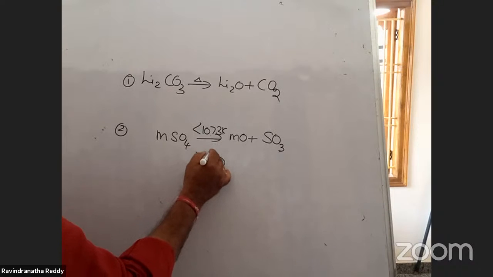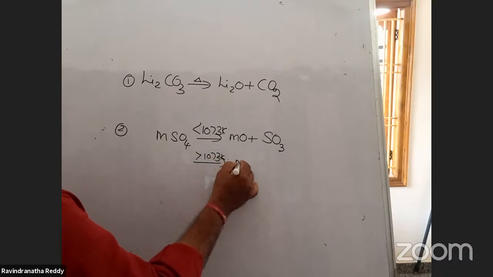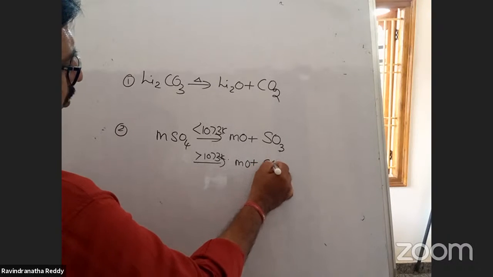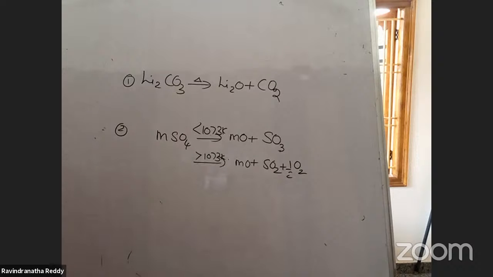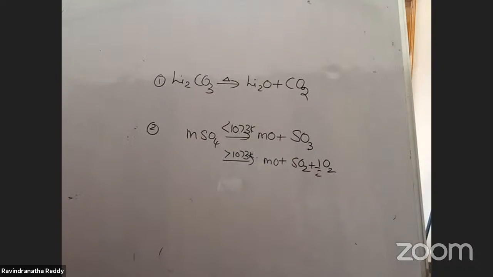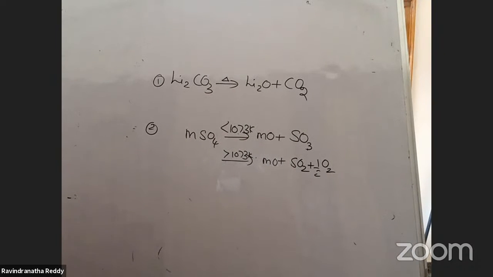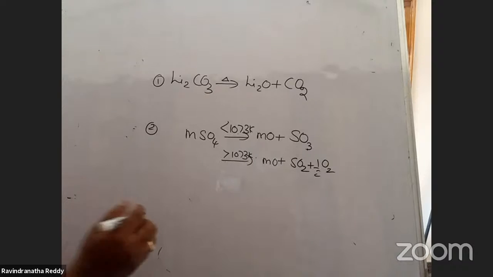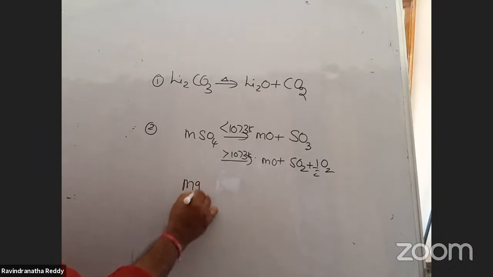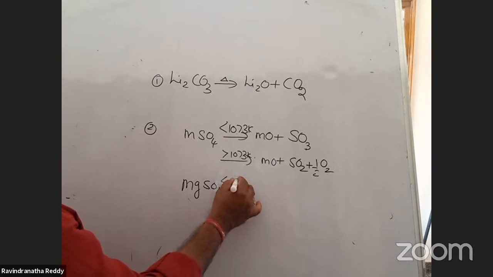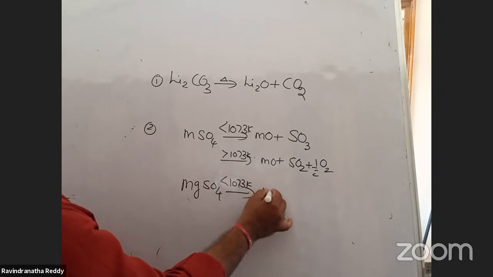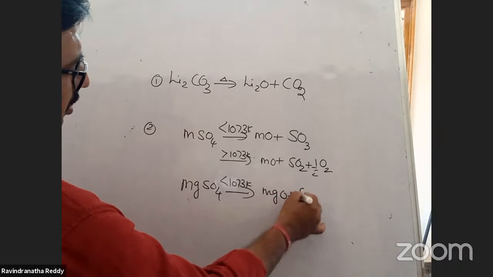Above 1073 Kelvin, we get metal oxide, SO2 and O2. Suppose lithium sulfate, Li2SO4, or magnesium sulfate: magnesium sulfate on heating below 1073 Kelvin gives magnesium oxide plus SO3.